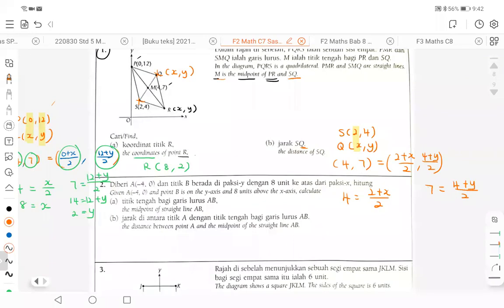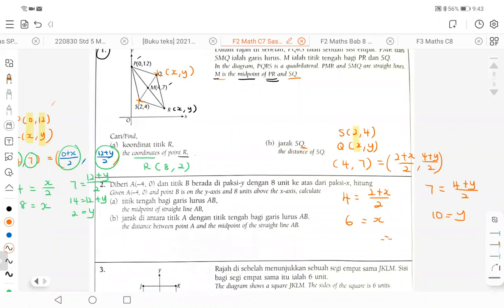Type in the chat box what is the coordinate of point Q. Calculate first. Let me know the coordinate of point Q before you proceed to find the distance. Okay, 14, 10. Yes. So x is 6, y is 10 here.